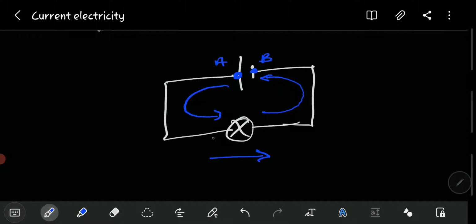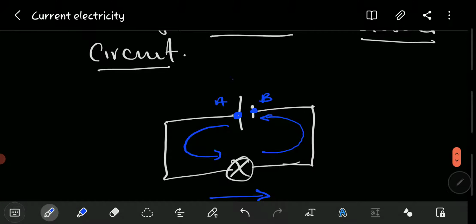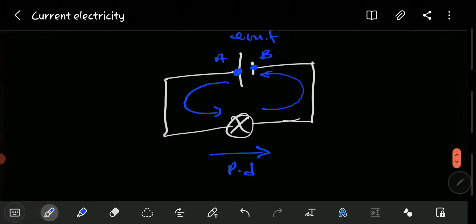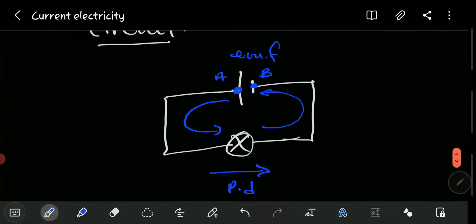From one point of the lamp to the other point of the lamp, that will be PD. However, from the battery round and back to the battery, that will be EMF. So that is also the difference.